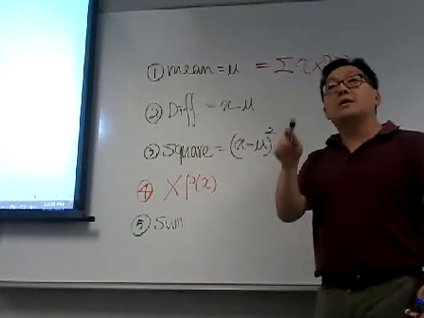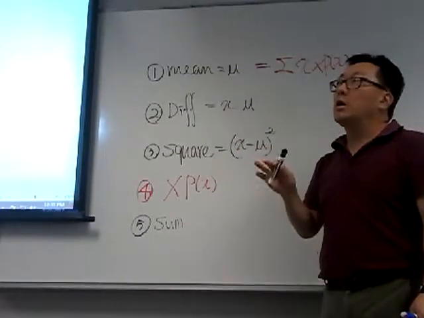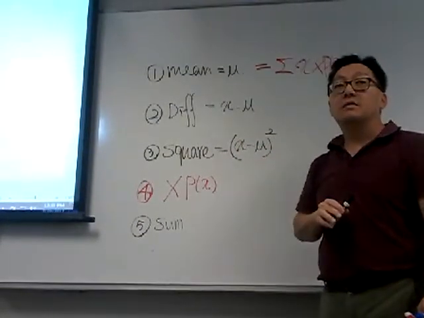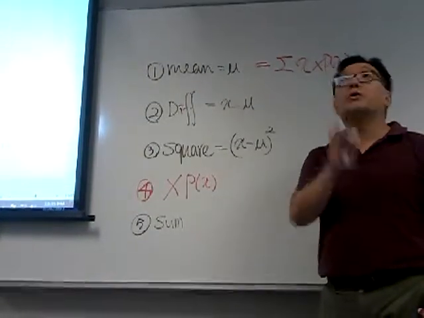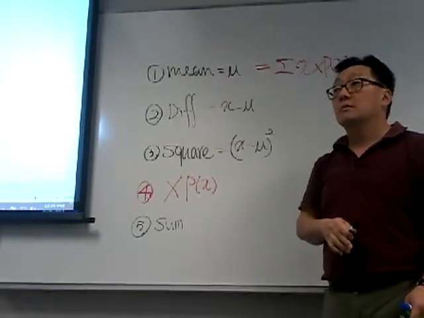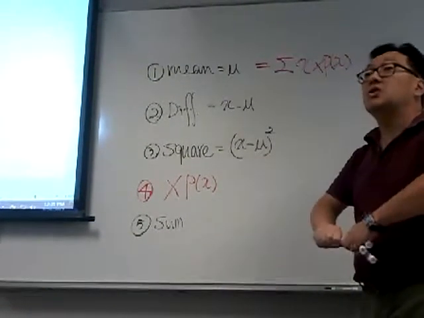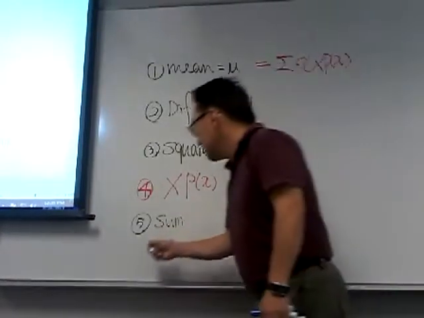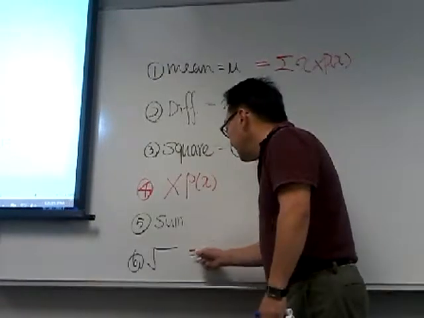Do you remember what we did after sum? It was in step 5. We divided by n minus 1. We don't have to do that. No. Just after take the sum, just take the square root to get the standard deviation.